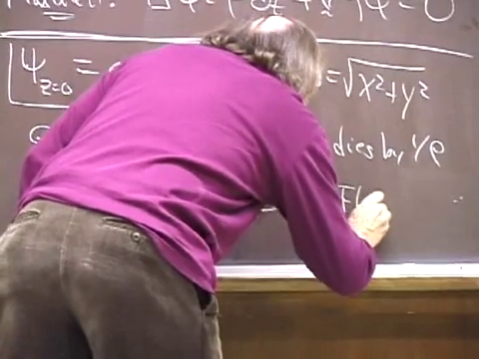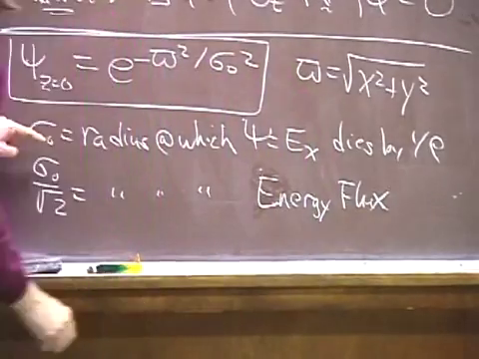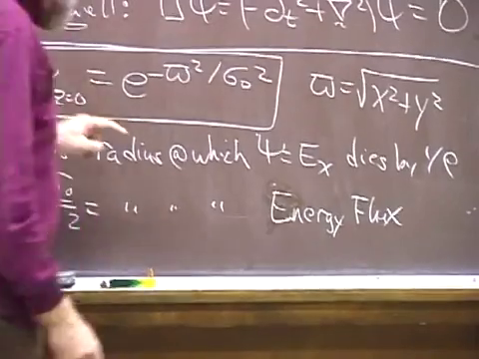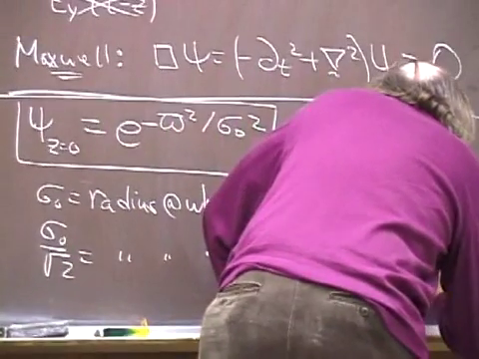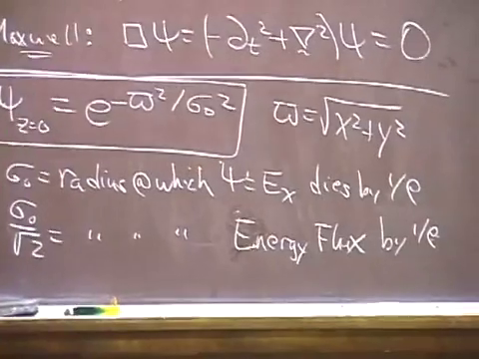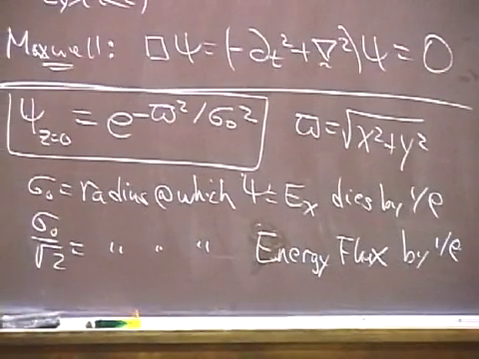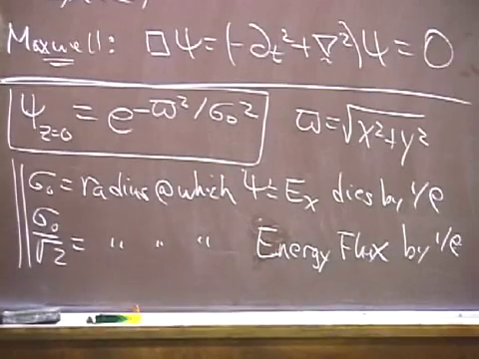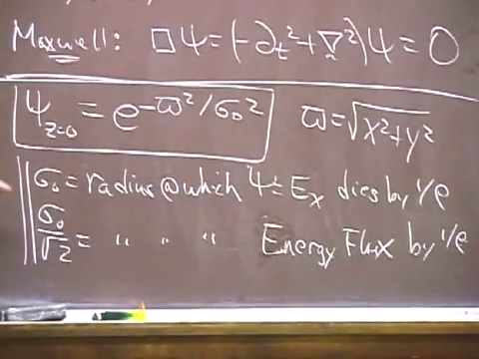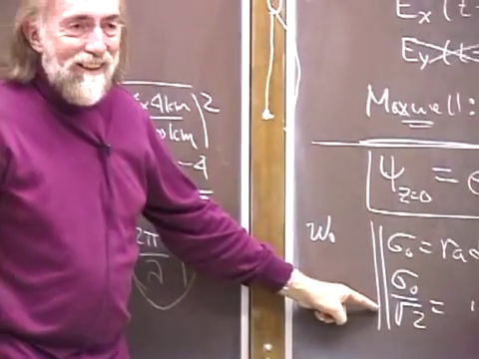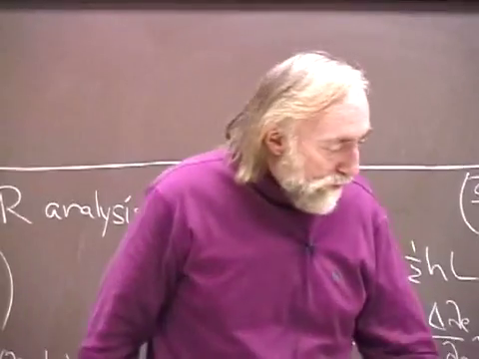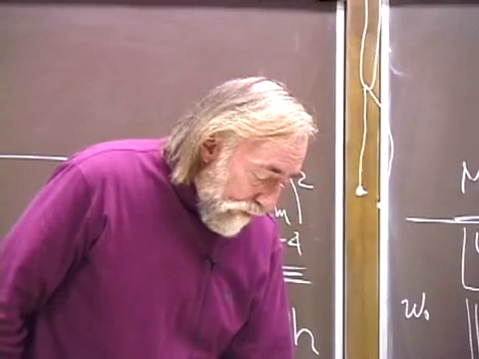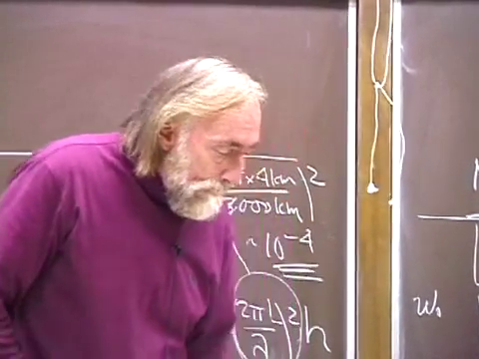Since the energy flux goes as the square of psi, it dies out faster. Okay. So that's the meaning of this spot size, sigma naught. I guess many people call this W naught. In the community I deal with, there is not a uniform agreement on what you should do.